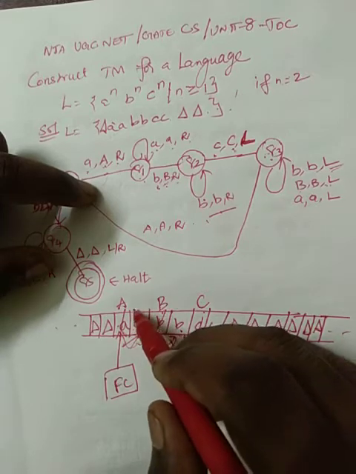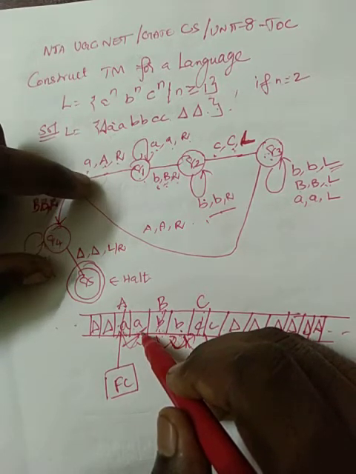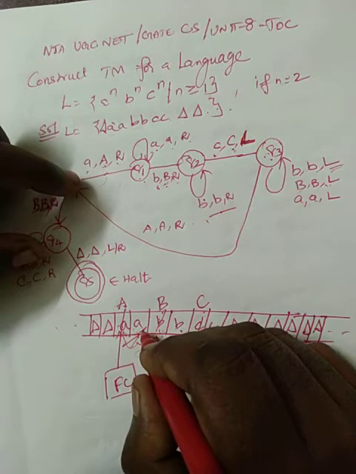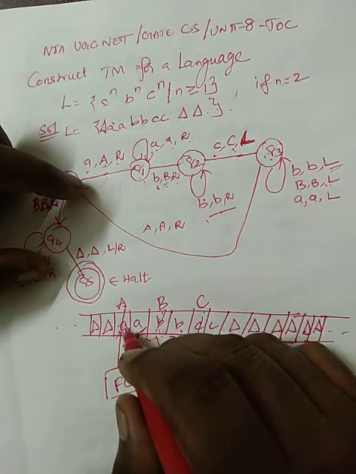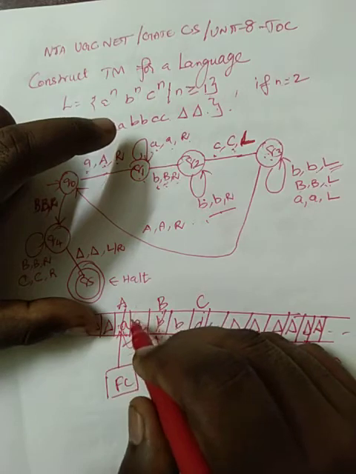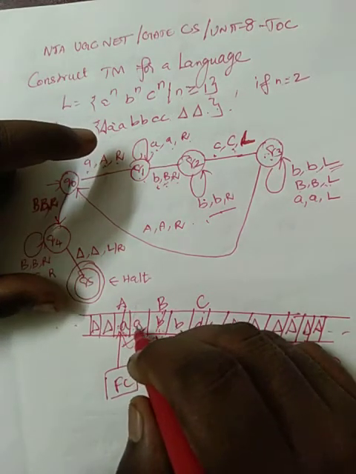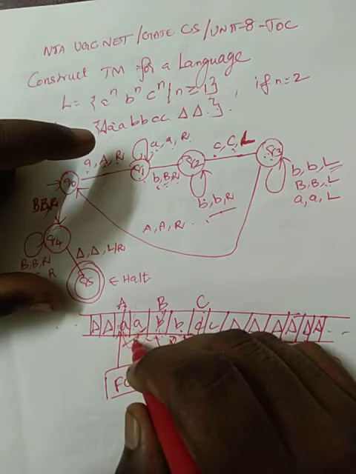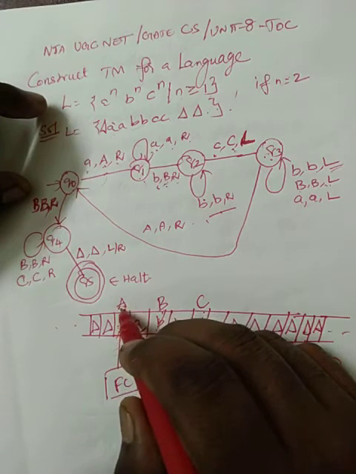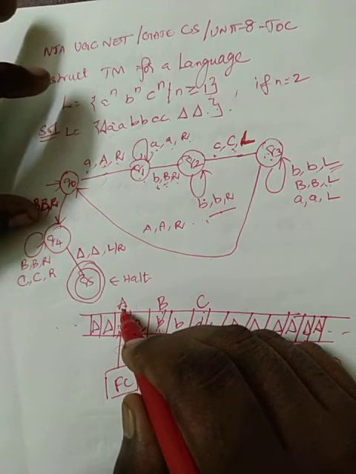We should not change the direction once we reach a small a, because in between, any number of small a may be there. In order to skip such things, we need to reach up to the first recognized, or rather the latest recognized, capital A.